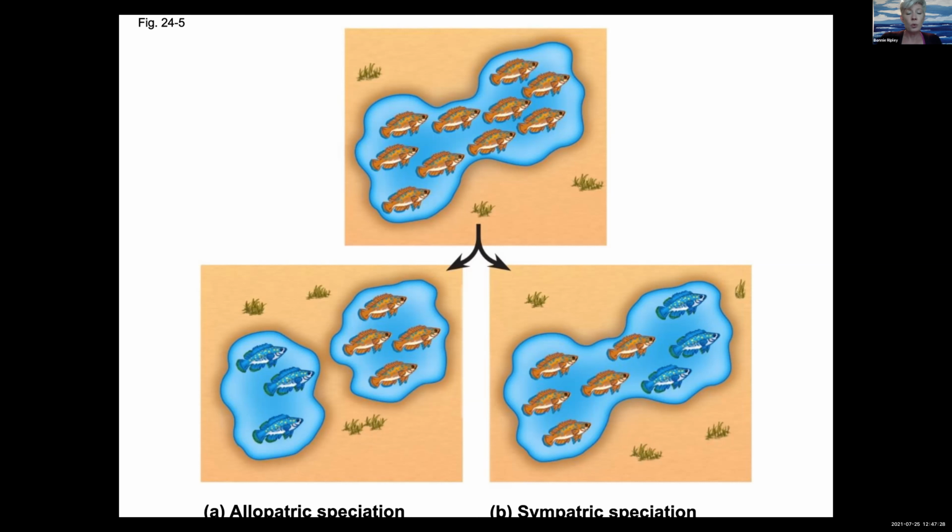But blue ones only will mate with blue ones, and the red ones will only mate with the red ones. So if they change their behavior so that they have this non-random mating, then they can eventually diverge enough to be different species, right? So they developed that species isolating mechanism first, while they were still geographically mixed together. That is called sympatric speciation.